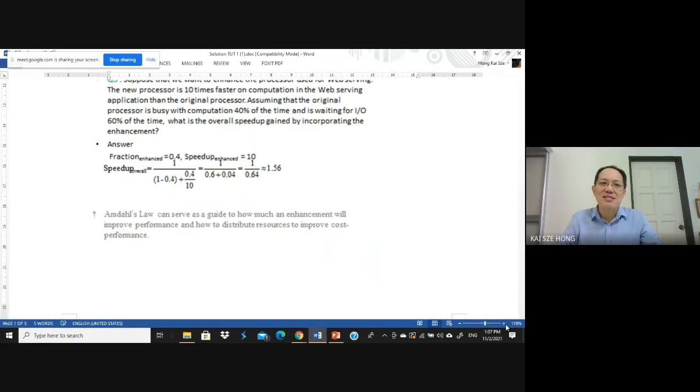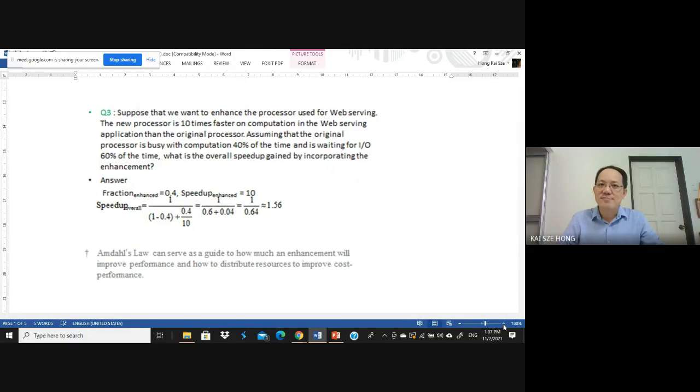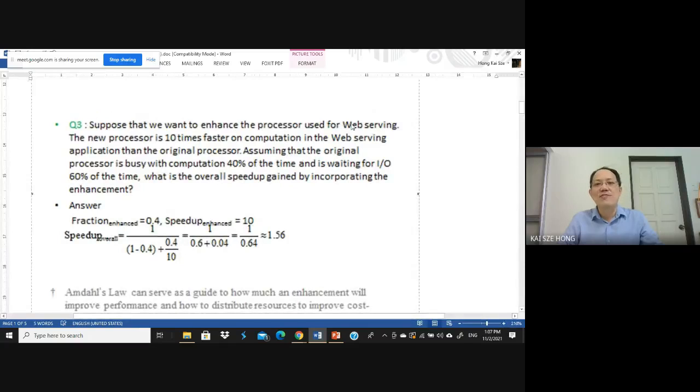So this will be the first question. Question number 3. Suppose that we want to enhance the processor for web serving. The new processor is 10 times faster on computation than the original processor.